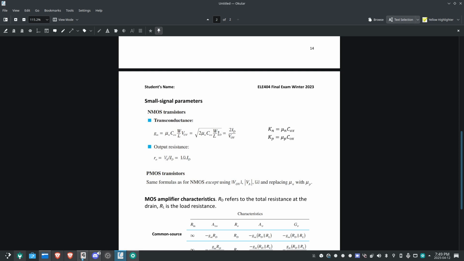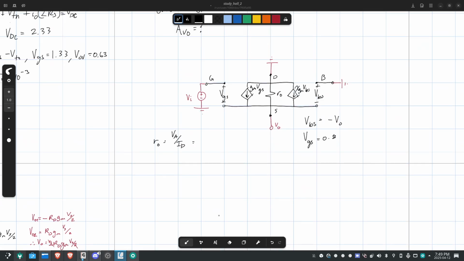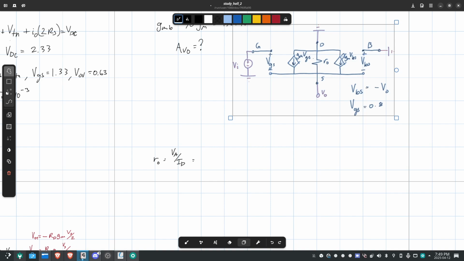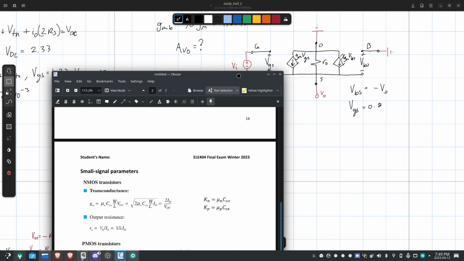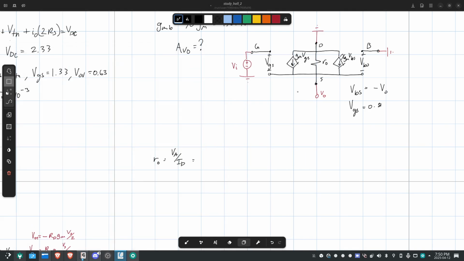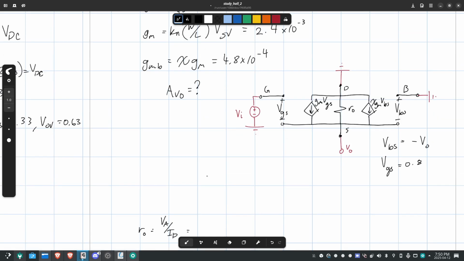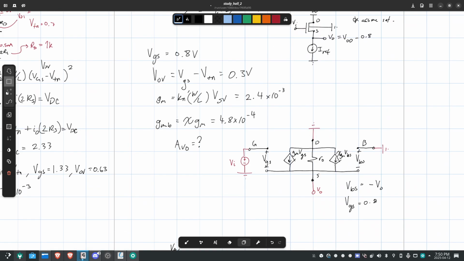And we can use the transconductance formula to find our current, can't we? Let me move everything upwards. Half of the problem is just remembering all the formulas so you know when to use it. Yeah, I know they're not the same RO. I'm trying to solve for AVO right now. I'm not trying to solve for capital RO.